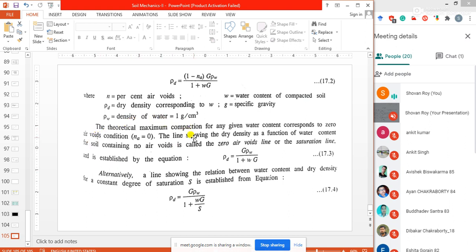The theoretical maximum compaction for any given water content corresponds to the zero air voids condition.